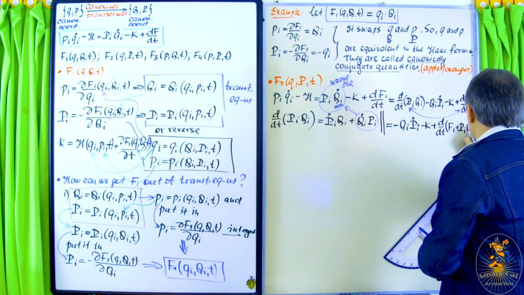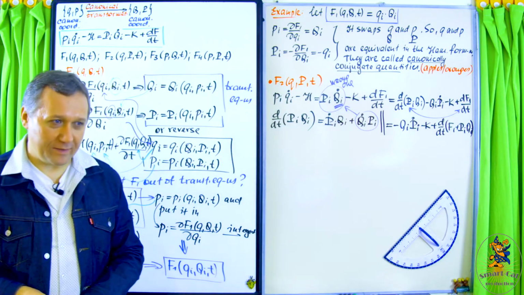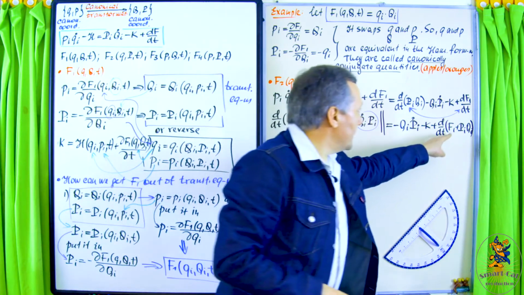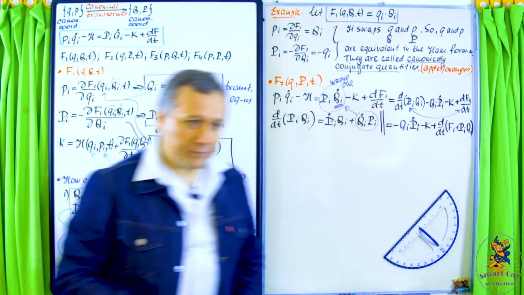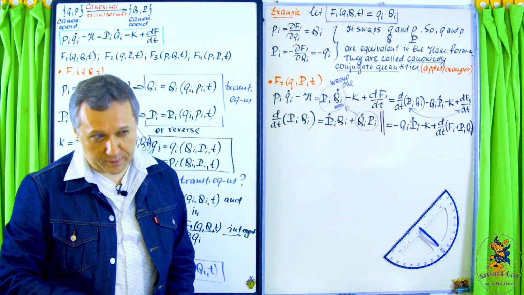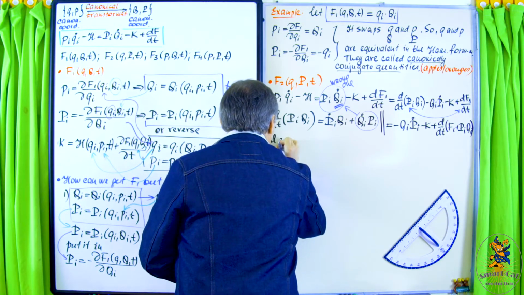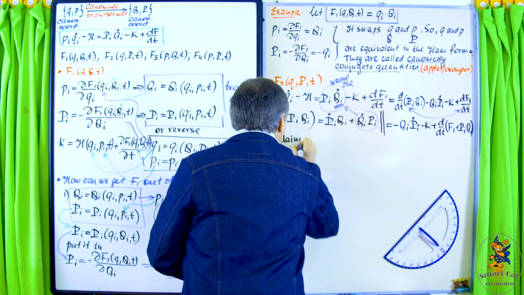Okay, so now I claim that this is my function f2, which is a function of q small, P capital, and t. And of course I will prove it.